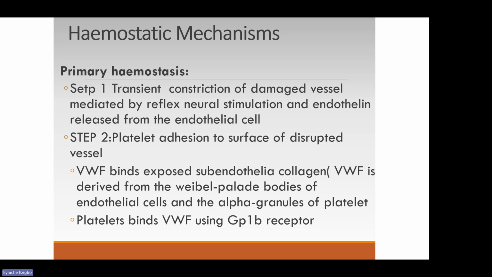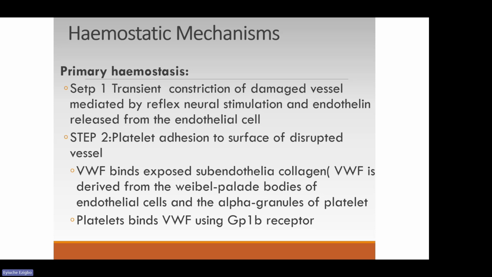So immediately there's a cut, what the blood vessels will do is a reflex. They will try to constrict. Some of us have seen where they killed their fowl. You can see some of the blood vessels trying to constrict. That constriction is to narrow the lumen through which the blood is gushing out.